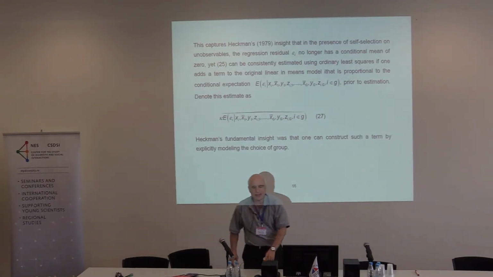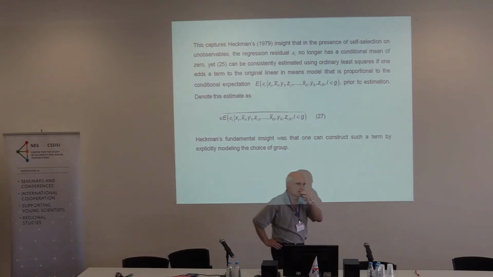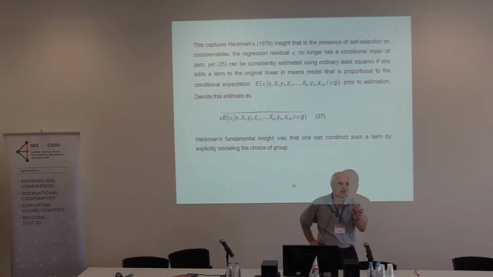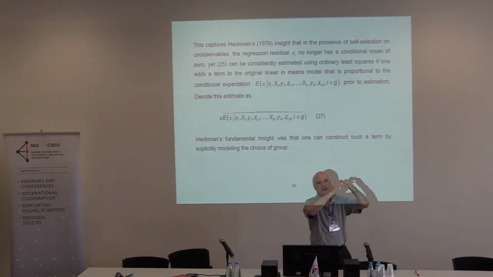Now, I should say that in the classic selection corrections, you can't actually estimate the expected value of the error. You estimate the expected value of the error up to a constant of proportionality. You just put that in the regression as an additional regressor. Its coefficient is the inverse of the constant of proportionality.